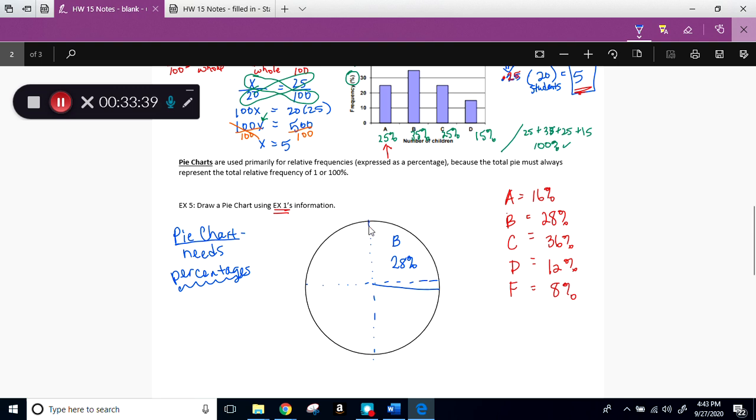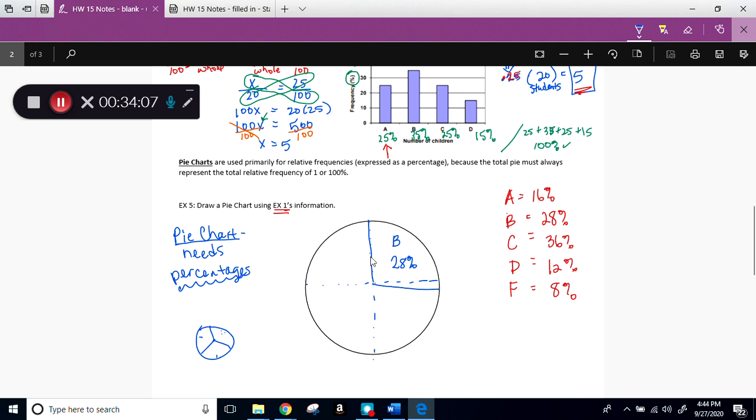Now, the way I like to do my big chunks first, we could go from here and kind of look at a third. If you look at a pie, how would I make a third? It kind of goes like this maybe, where each one of these is a third of the pie.